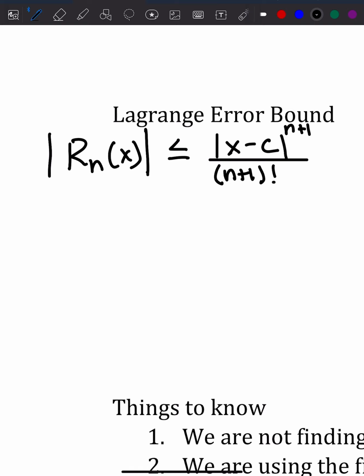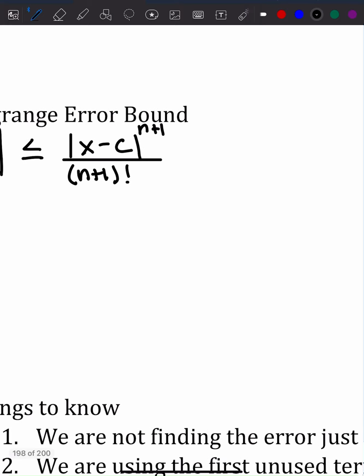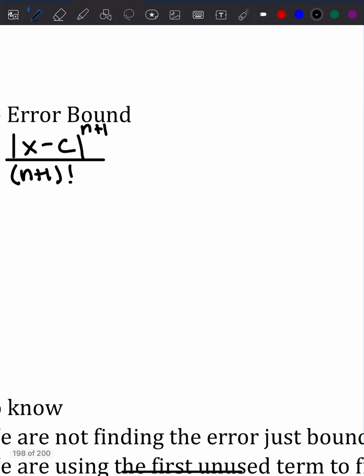All of this is that remainder function except for that n plus 1 derivative of f evaluated at z. And what we're going to do with that, because we also need it, is we're going to multiply this by the maximum of, so the absolute max of the n plus 1 derivative of f evaluated at z.